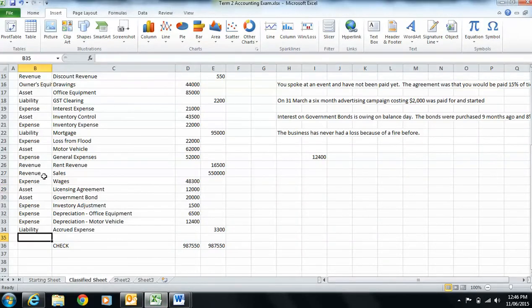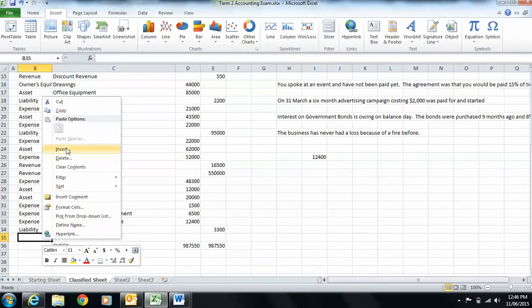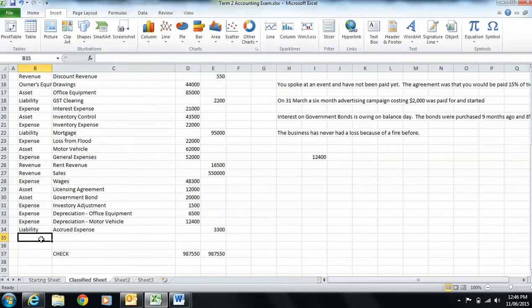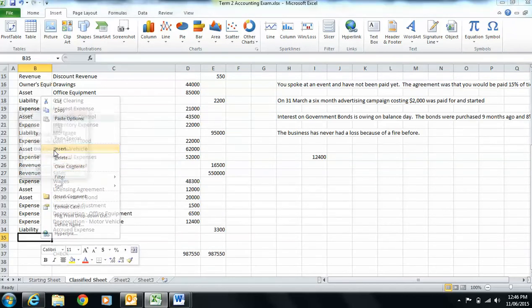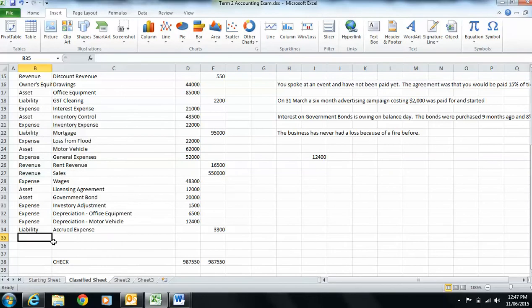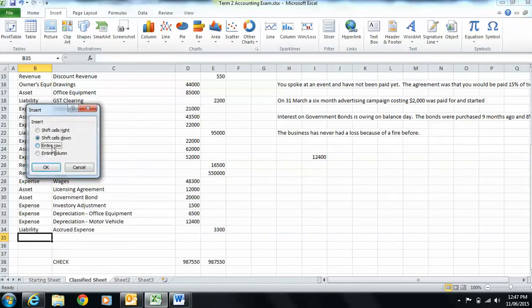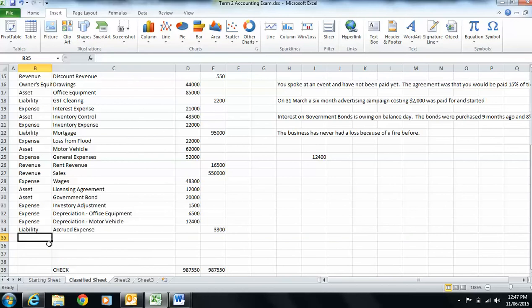So let's pop a couple more rows in. We're going to have to add both of these accounts because we don't have an accumulated amortisation there.